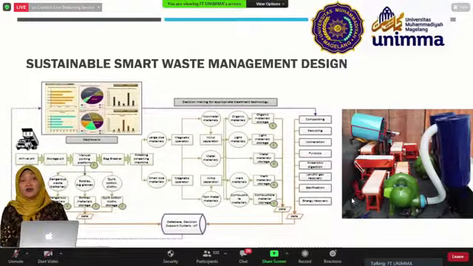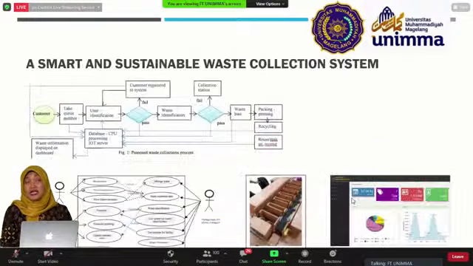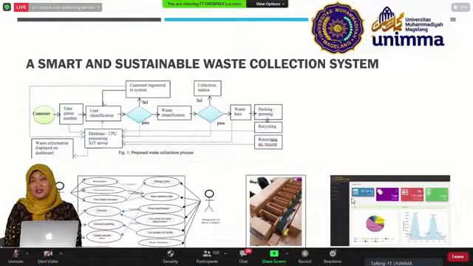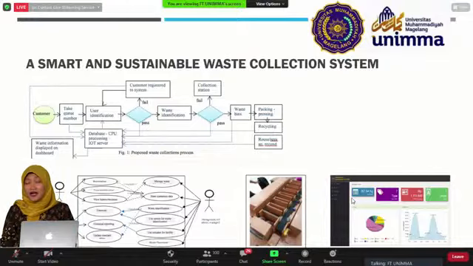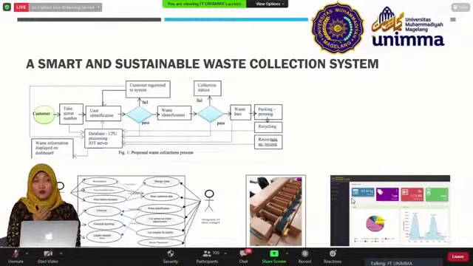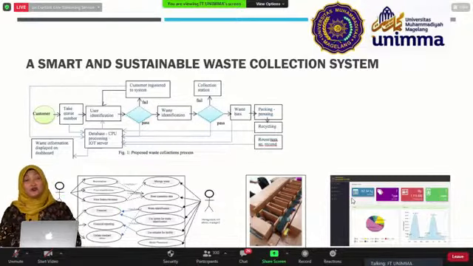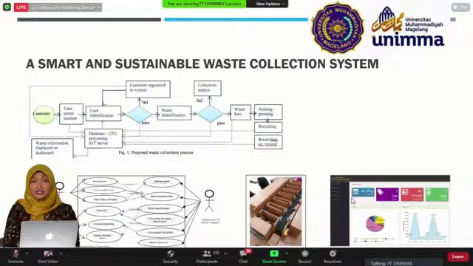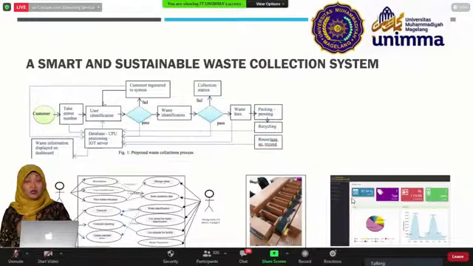And then next, one more research I have done. This is a smart sustainable waste collection system, related to non-organic waste. This also involves ICT a lot. We use sensors and an integrated system, because I also get support from my colleagues from the information communication technology department.